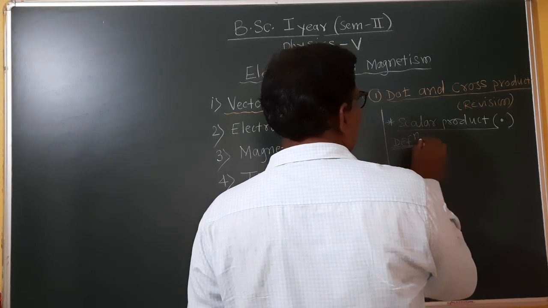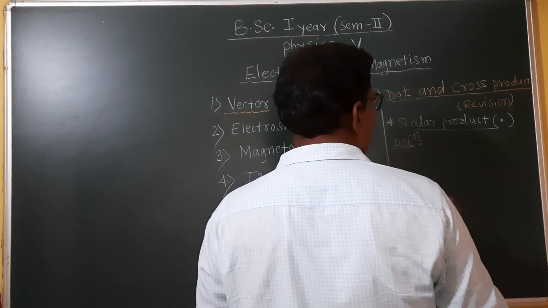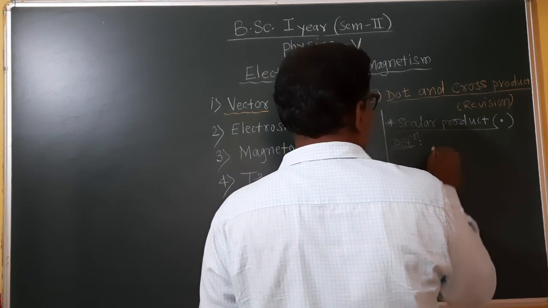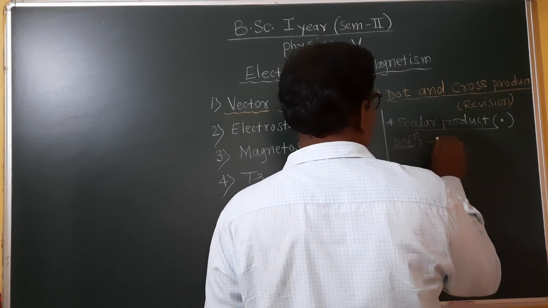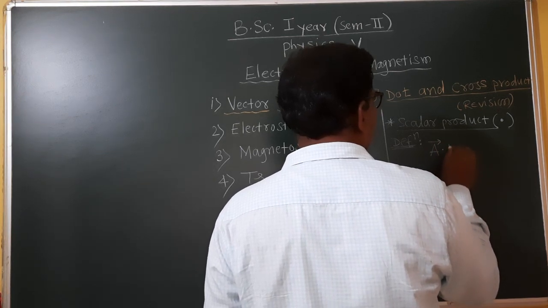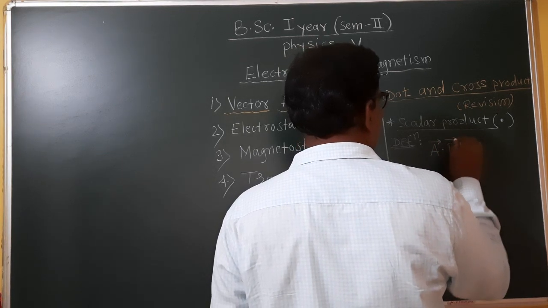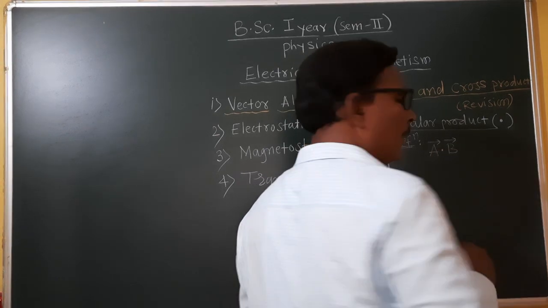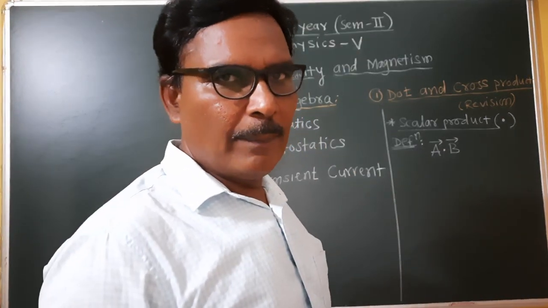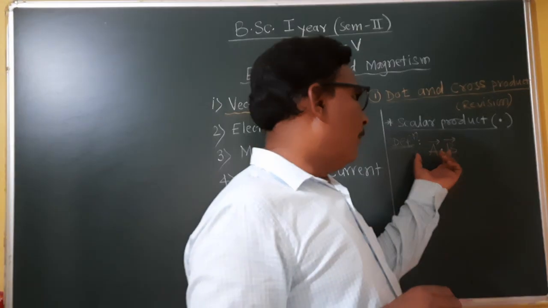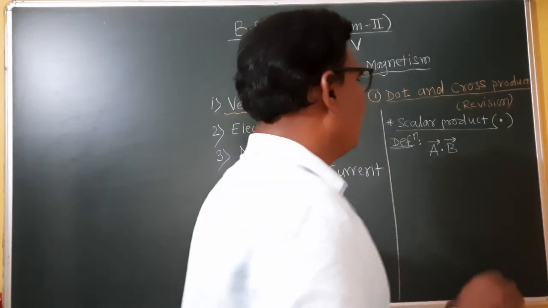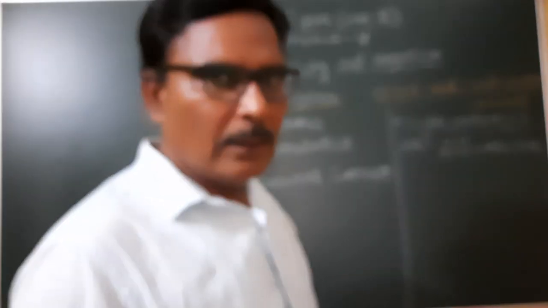Mathematically, A bar is the first vector and B bar is the second vector. We take the dot product between A and B. A bar dot B bar is equal to AB cos theta. Scalar product is also called dot product.